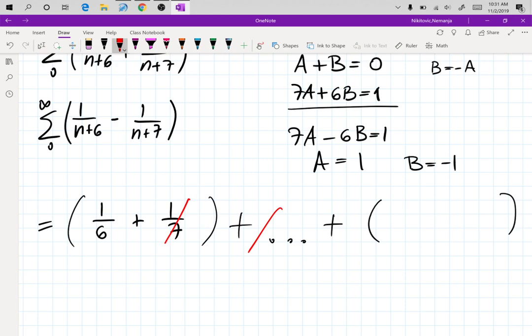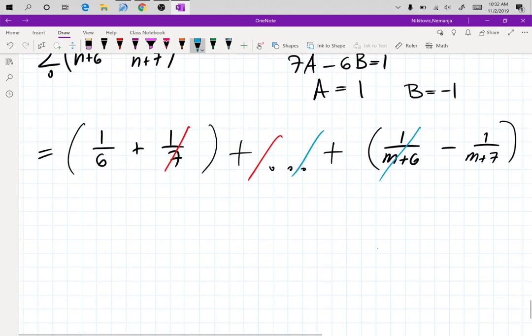And then when you go to the tail end, you would have 1 over m plus 7 and 1 over m plus 6, where m plus 6 would cancel in here. And just because they're one apart, you just know that the first and the last term are the only ones to survive. That's a pattern.